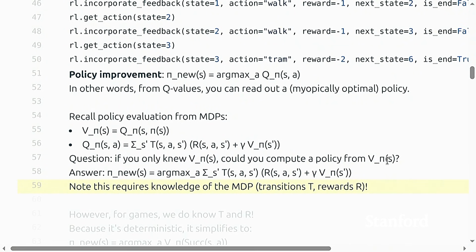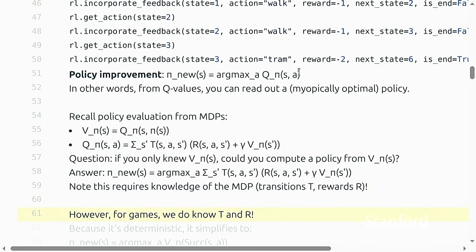Because if I don't know how the world works, you can tell me this state is great, this state is bad, this state is great, but that doesn't tell me how that connects with actions. And the thing that connects actions and states are things like the transitions, but I assume I don't know the transitions, so that doesn't help me act. Whereas if I have a Q value, this sort of binds the action into the value. So I know that in the state, not only is it good, but I take a particular action, and that gives me some value.